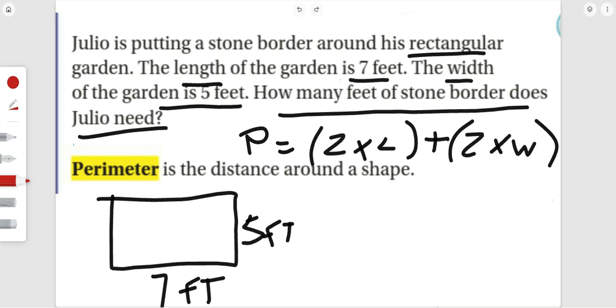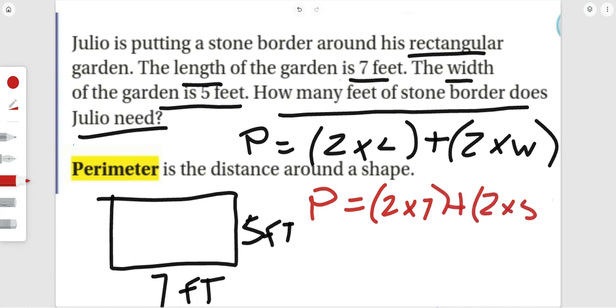To find our value of P, let's rewrite our equation, but this time instead of our L and W, let's put our length as 7 feet and our width is 5 feet. So instead of 2 times L, I'm going to write 2 times 7. Instead of 2 times W, I'm going to write 2 times 5.